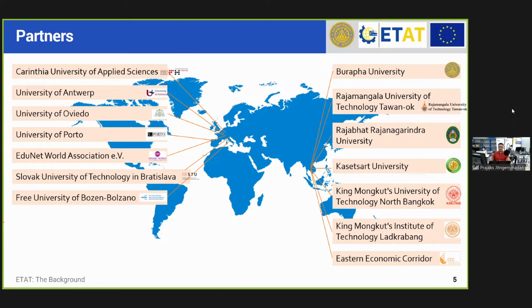We have King Mongkut University of Technology North Bangkok in Rayong, which is in Rayong campus. We have King Mongkut Institute of Technology Ladkrabang. And we have the Eastern Economic Corridor, or the EEC, as our endorser in the EEC area here in Chonburi, Chachoengsao, and Rayong.